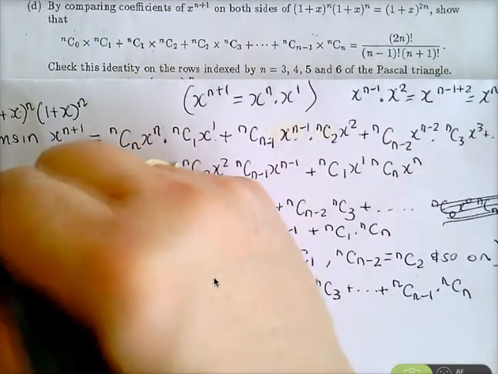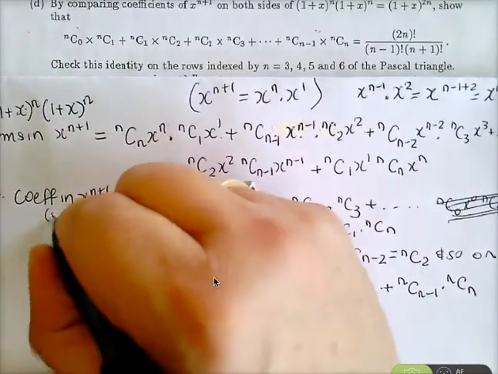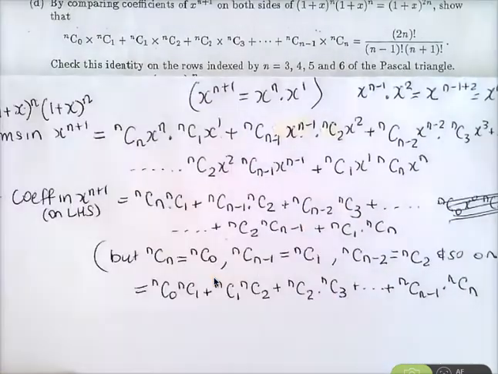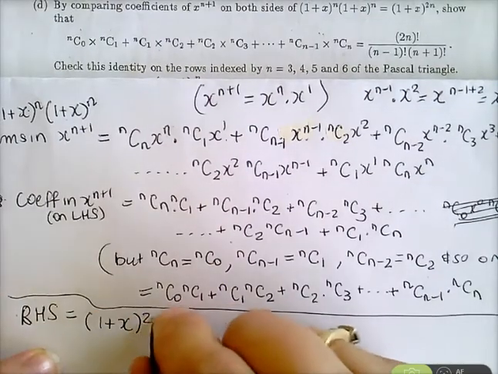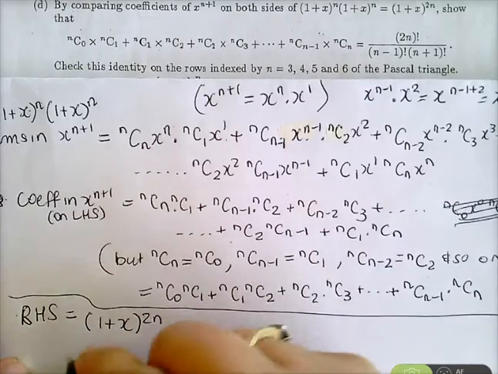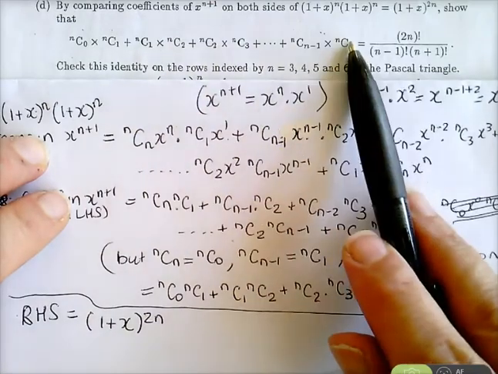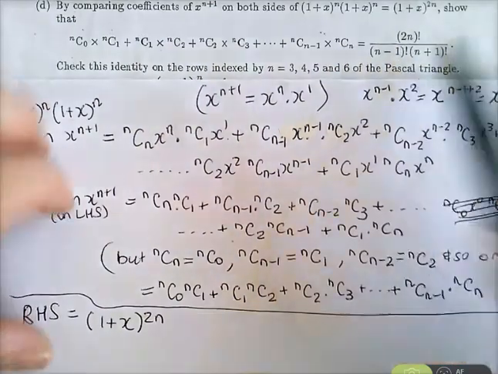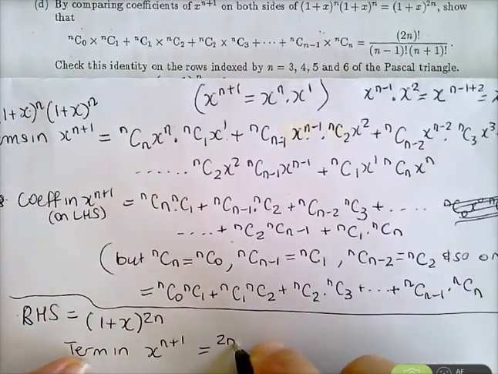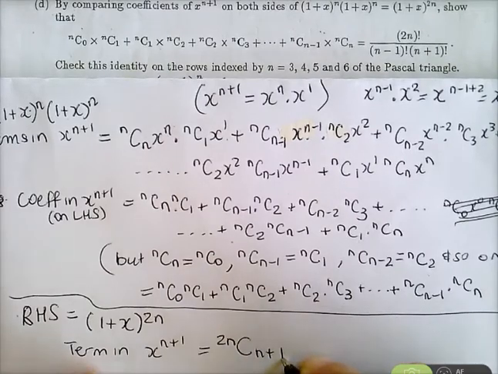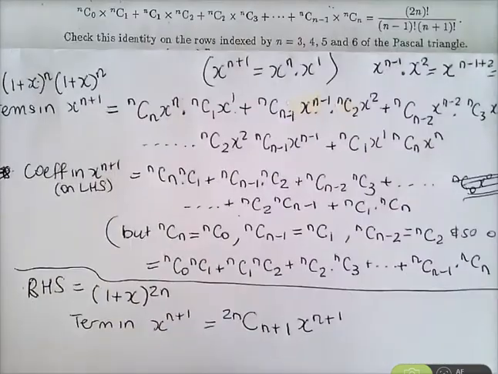So the coefficient in x to the n plus 1 on the left-hand side is that. The left-hand side equals (1 plus x) to the power of 2n. We've done half of this already. But we're trying to show that the term in x to the n plus 1 is that. In (1 plus x) to the 2n, isn't it 2n choose n plus 1 times x to the n plus 1? That's the term in x to the n plus 1.